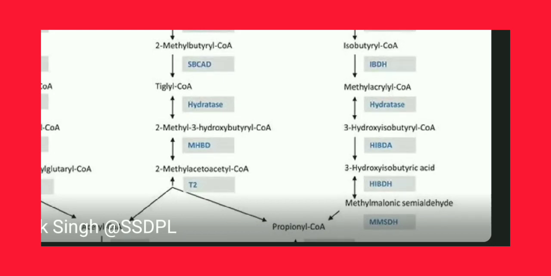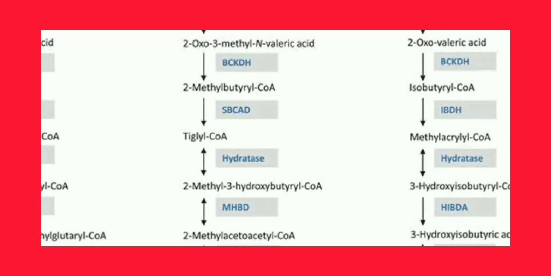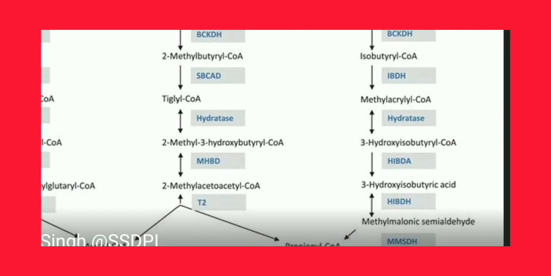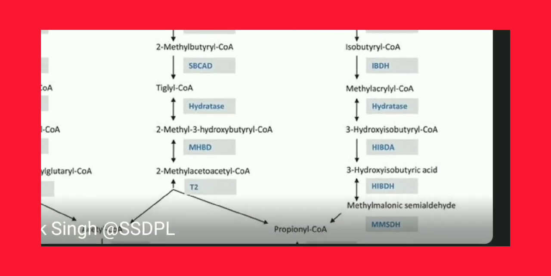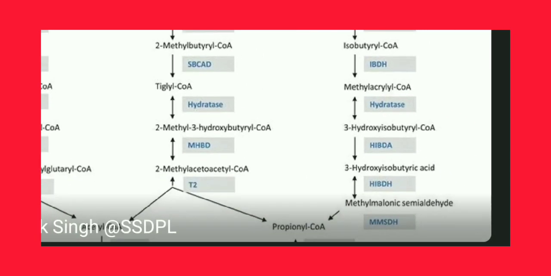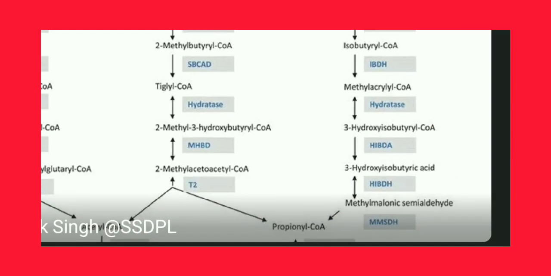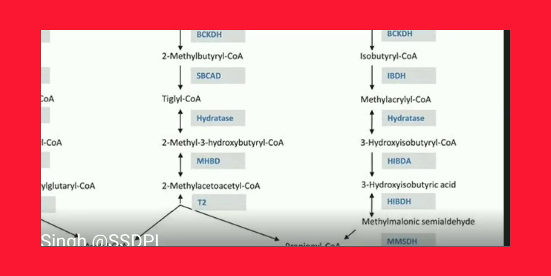Based on this elevation, we could say that it is a branched-chain amino acid disorder, that is nothing but maple syrup urine disease, MSUD. In case there is a defect upstream, only leucine would be elevated. None of the other metabolites beneath the leucine show any change in concentration.